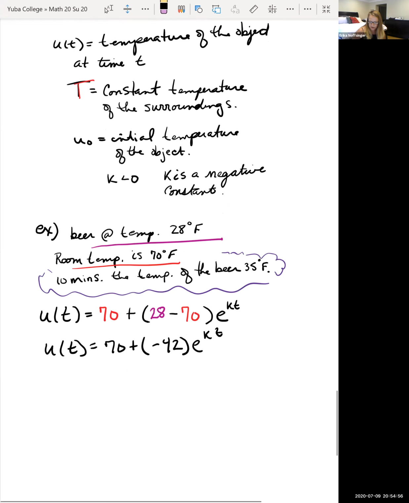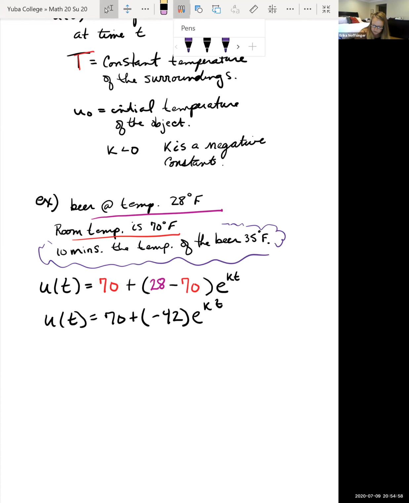So we know when t equals 10, u(t), the temperature of the beer, is then 35 degrees. So we have two variables now.